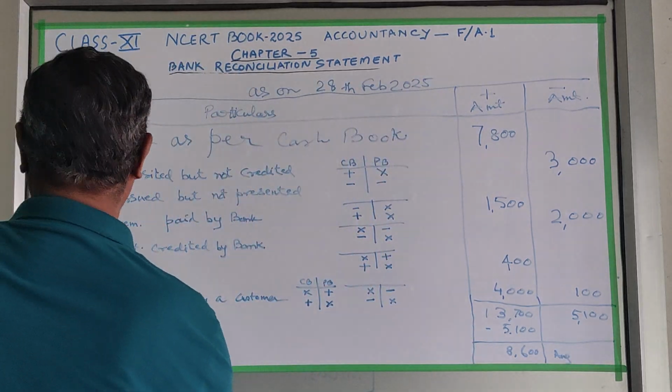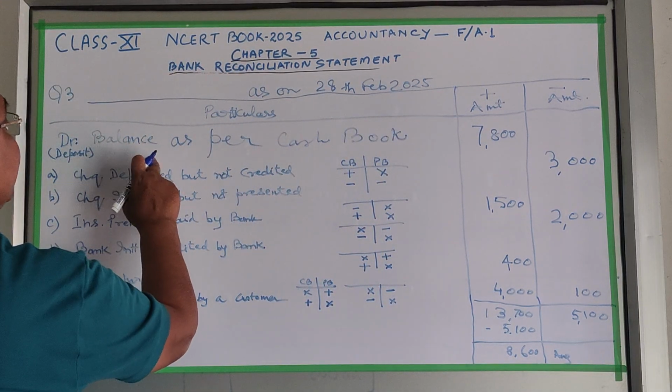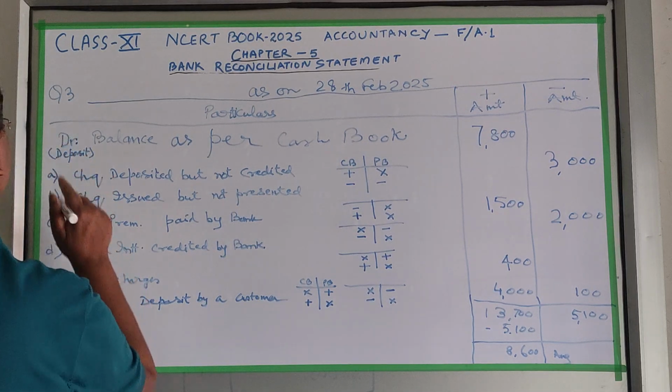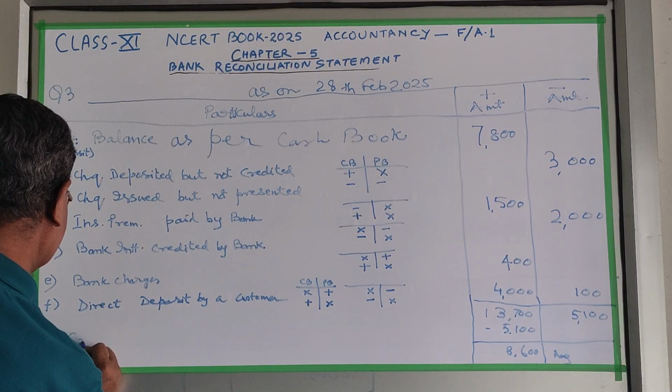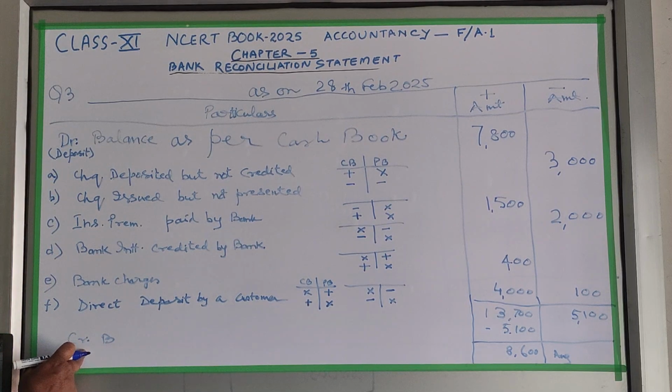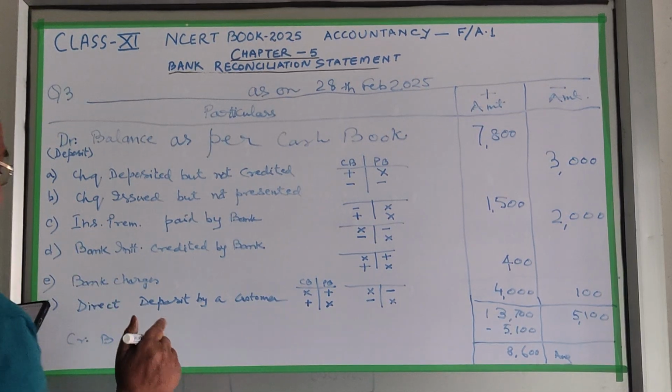So here what will we write? It is a debit balance as per the cash book. So what will we write? Opposite to debit, it is credit. Credit balance. Even if you don't write credit, it will be treated as a balance only.